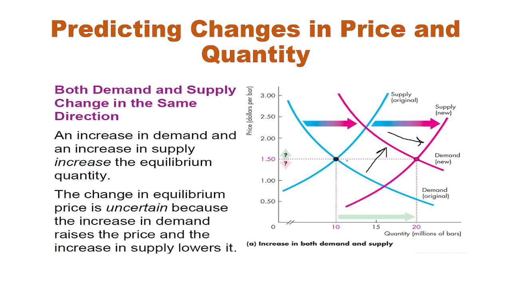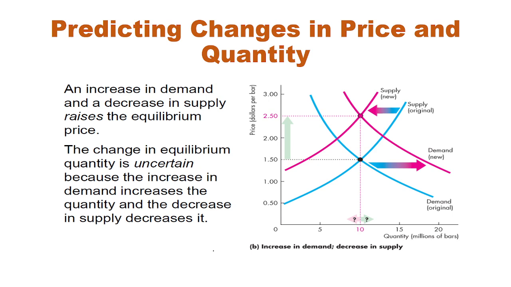So the new equilibrium is where the new demand curve meets the new supply curve. The change in equilibrium price is uncertain, because the increase in demand raises the price and the increase in supply lowers it.